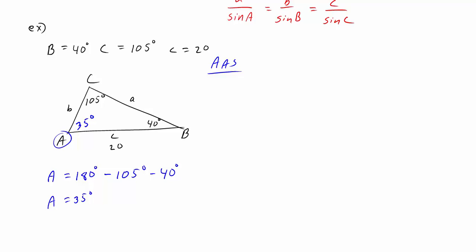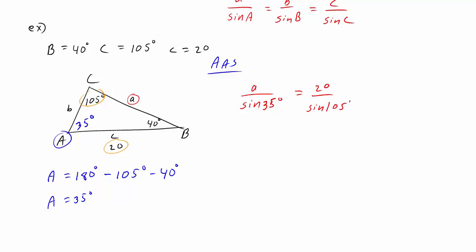Okay, then next we want to figure out what we want to solve for. Well, we were given angle C and side C. So here are the two pieces that are given: we know this angle and we know the side opposite of it. So if we want to find side A, then we would take A over the sine of the 35-degree angle that we just found, and that would be equal to 20 over the sine of 105.